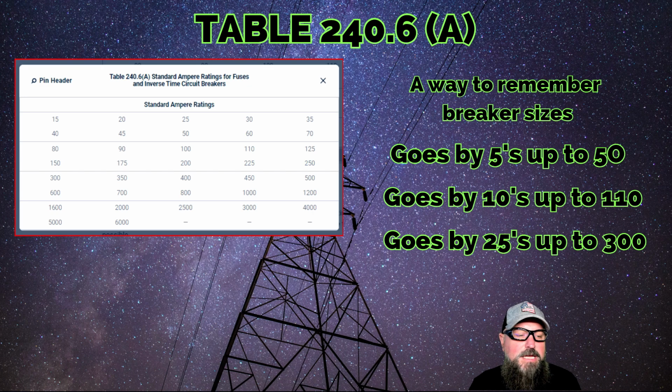An easy way to remember how these work is it goes by 5s up to 50 amps. And then after that, it goes up by 10s to 110, and then goes up by 25s up to 300 amps. So that's just a pattern that these breaker sizes have. It may help you remember it, but using the table, which is always available, is the easiest way.